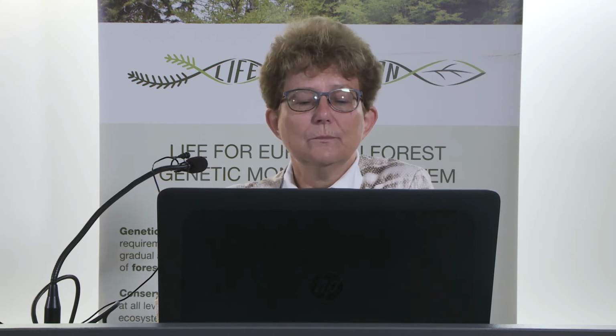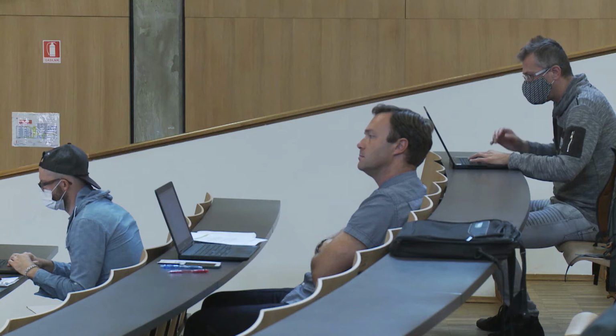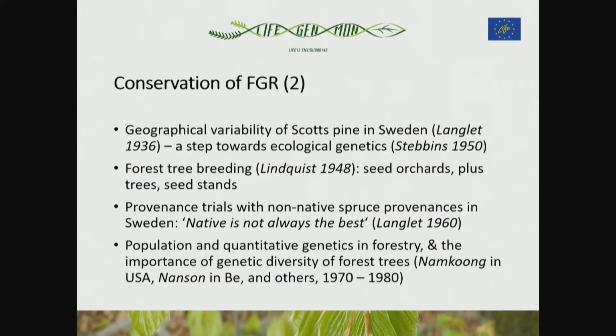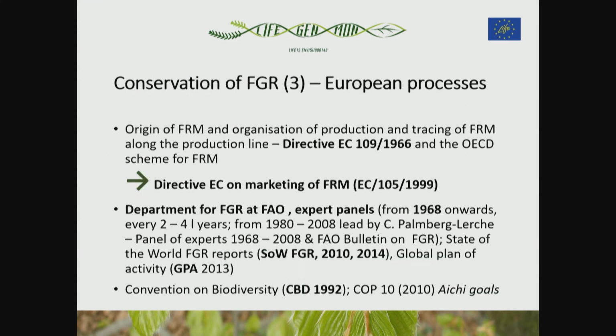Also, provenance trials with non-native spruce provenances in Sweden at that time already led to the conclusion that native is not always the best. Later on, population and quantitative genetics in forestry was initiated, and the importance of genetic diversity of forest trees was stated by Namkoong, Alphonse Nanson, and others in the 70s and 80s.